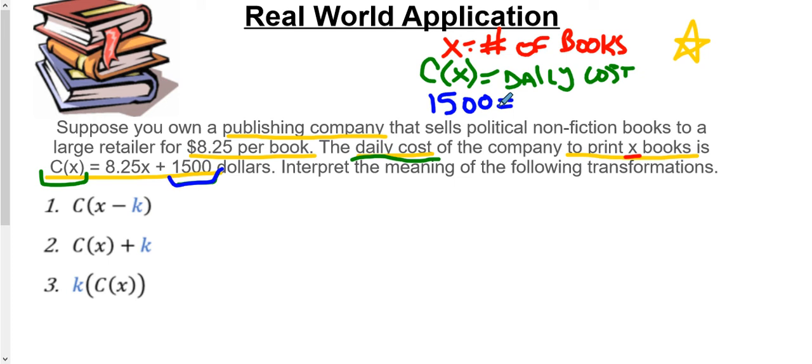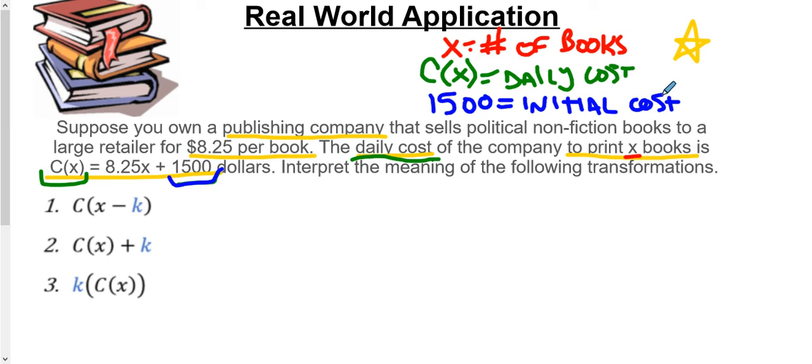So even if I'm not making any books, I still have to pay $1,500 every single day. So we're going to call this our initial cost. So initial cost means cost before I make any books, okay? So the $1,500 is that initial cost, and it could be, again, rent or energy or something like that that costs me money no matter what.